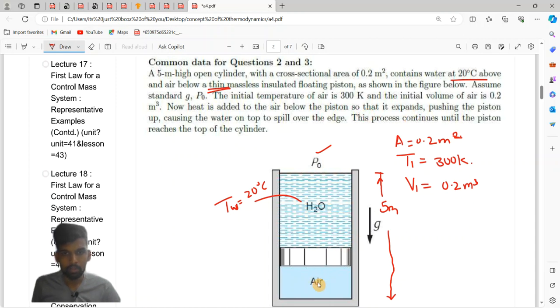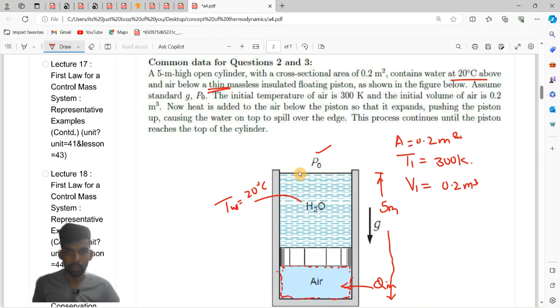So considering this as our system and drawing a system boundary like this, we are adding heat to the system, let's say Qn, which is letting the air expand.